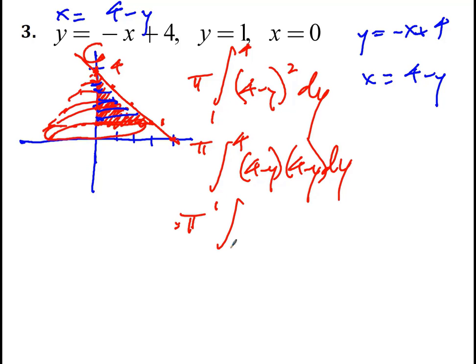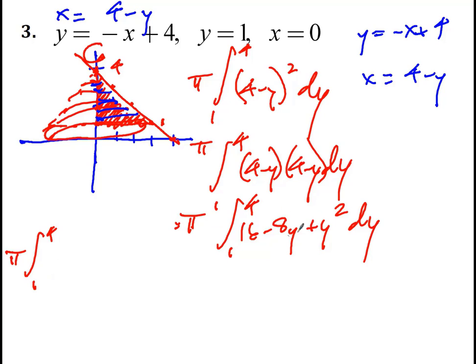Which is going to be pi from 1 to 4, 16 minus 8y plus y squared dy. Or if you like to write it in standard form, which is highest power first, descending, y squared minus 8y plus 16 dy. That's perfectly fine.